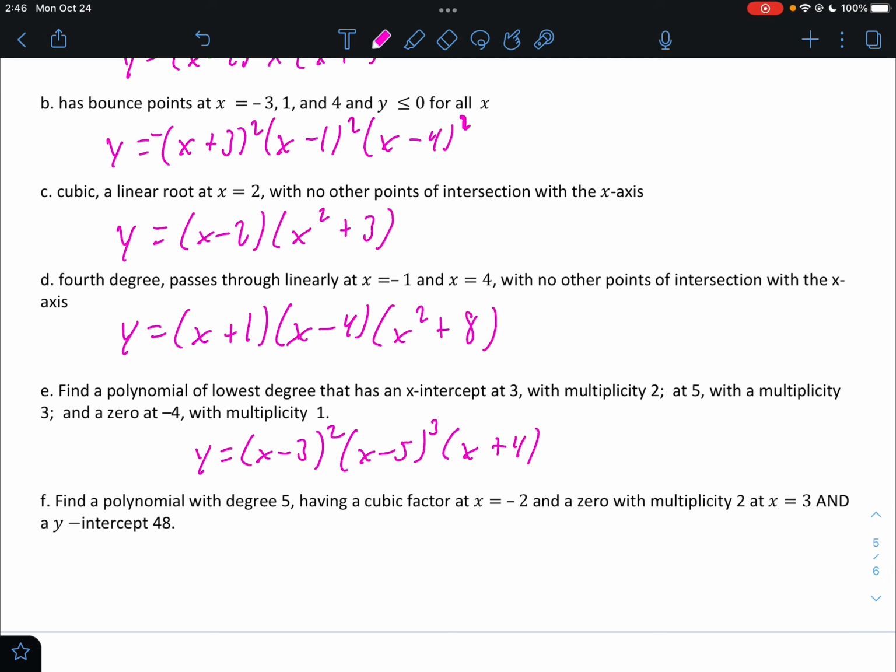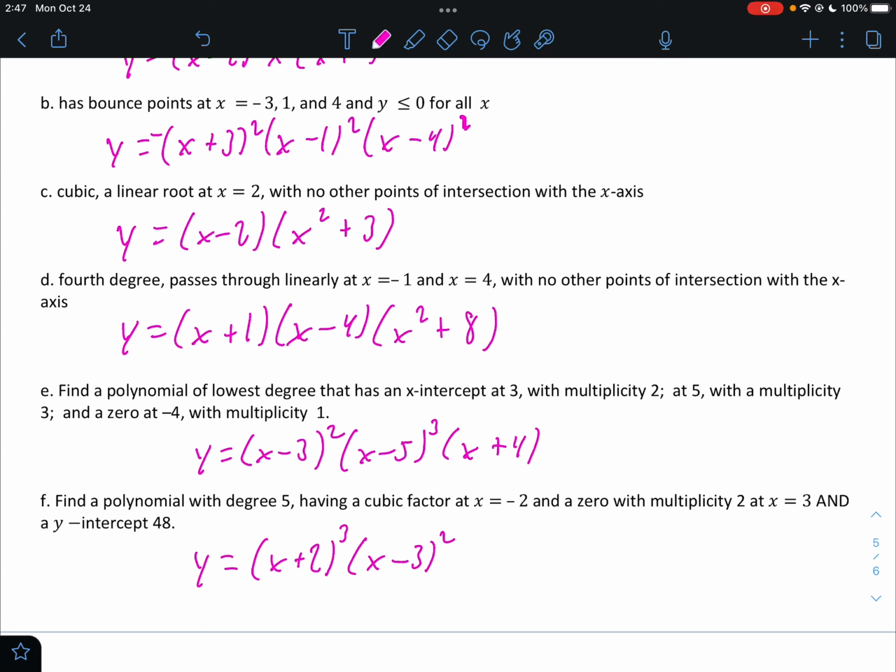And finally, F, fifth degree, having a cubic factor of -2, and zero at 3 with multiplicity of 2. And here's an important part here, a y-intercept of 48. So let's think about this for a second. If we put 0 in here, we would get 2 cubed, which is 8, times -3 squared, which is 9.